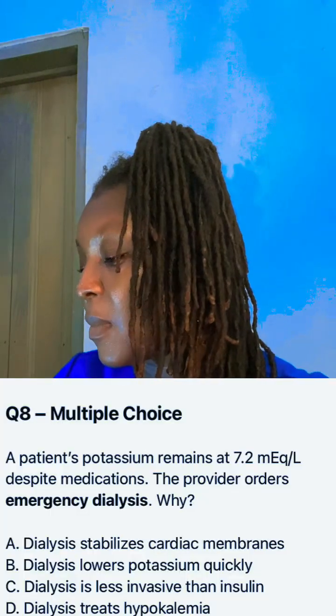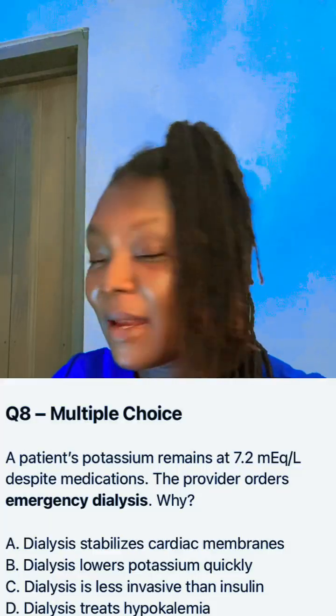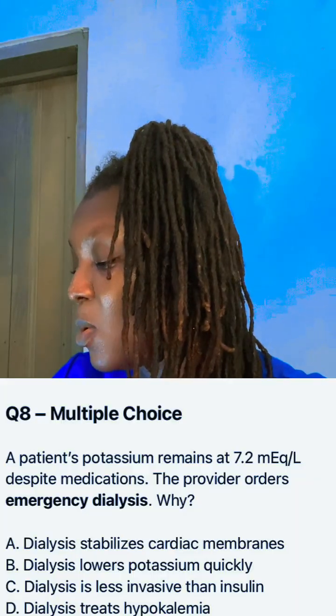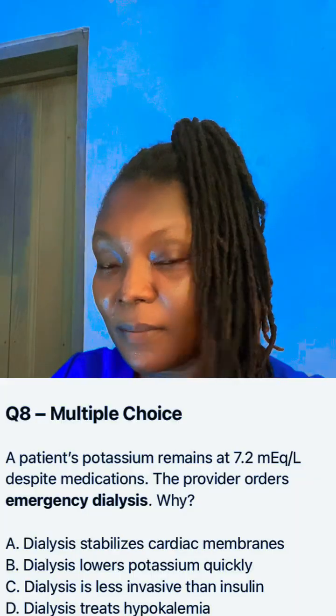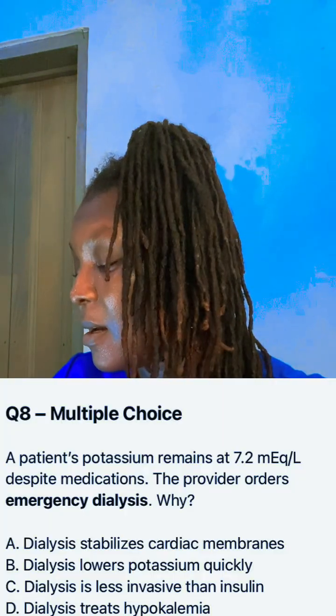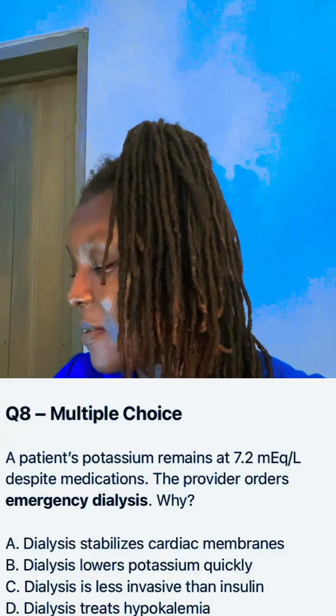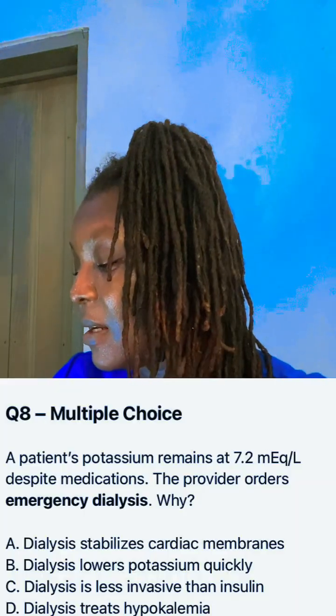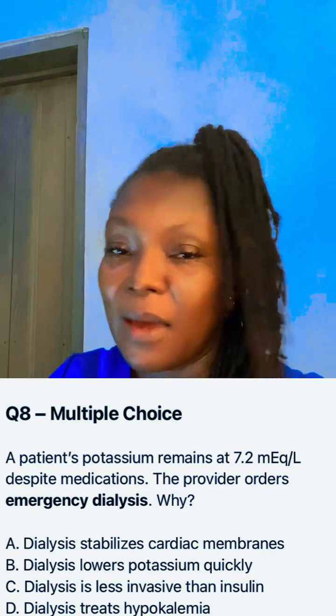A. Dialysis stabilizes cardiac membranes. B. Dialysis lowers potassium quickly. C. Dialysis is less invasive than insulin. And D. Dialysis treats hypokalemia.